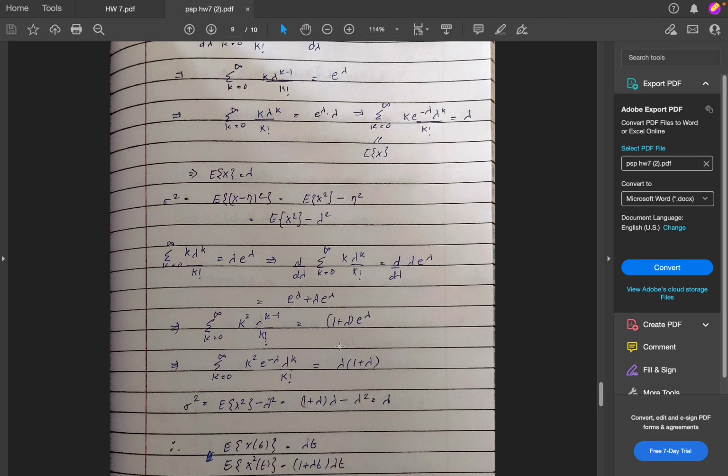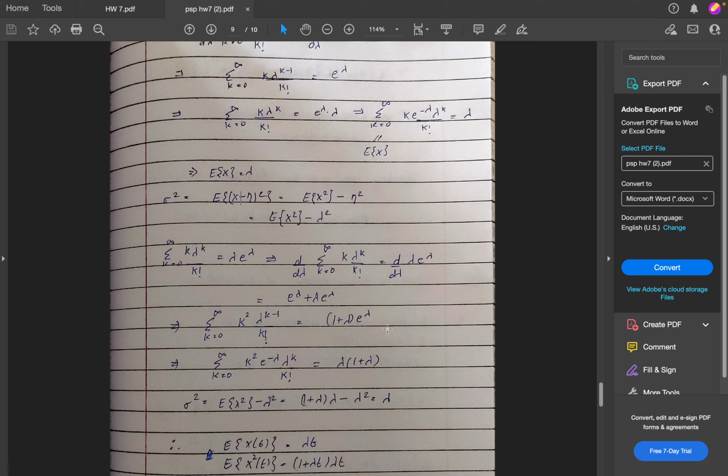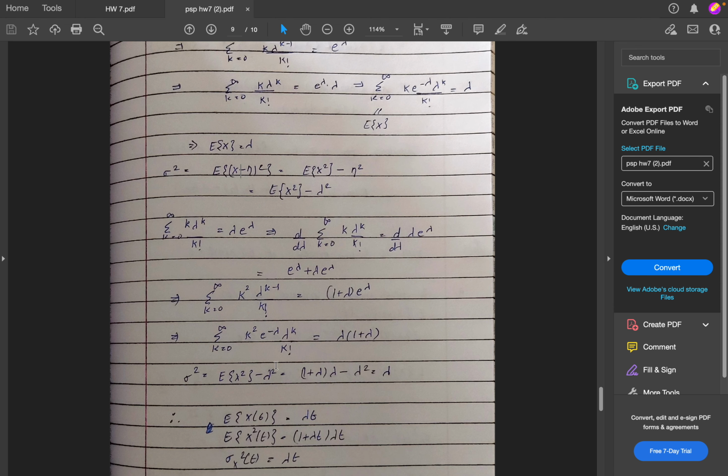Now we can take the term e raised to the power lambda to the other side, so it will be e raised to the power minus lambda, and this term is equal to the expected value of x square, so we can plug in the value in the above equation. So we get the variance as (1 plus lambda) times lambda minus lambda square, which is again lambda.